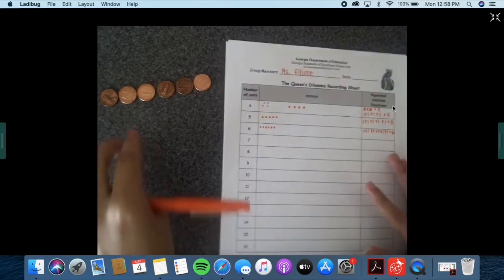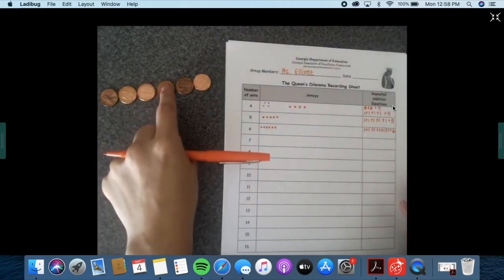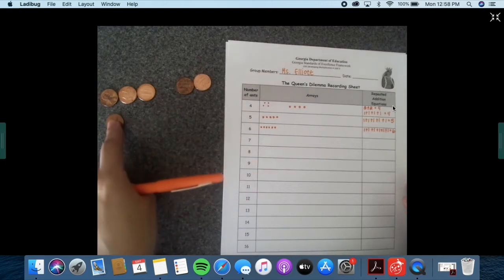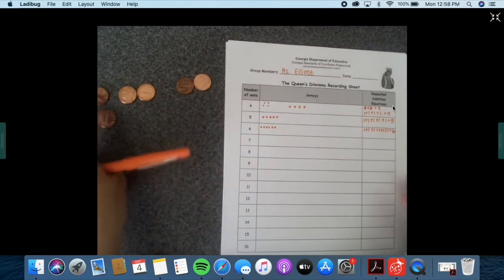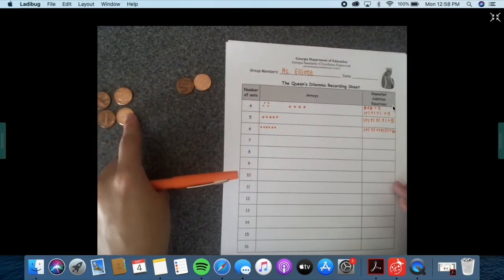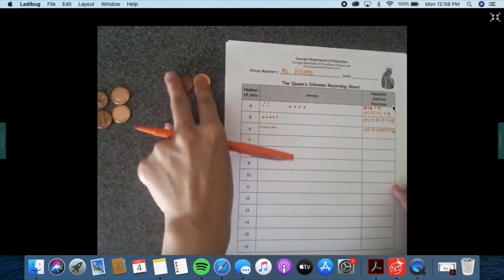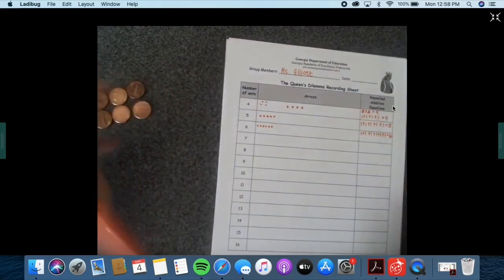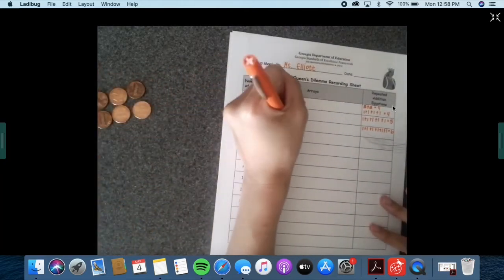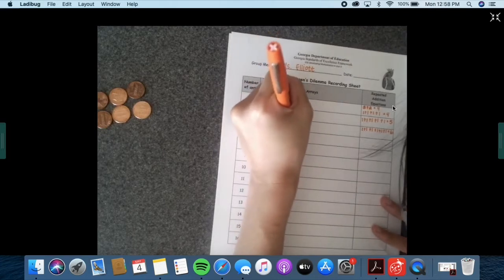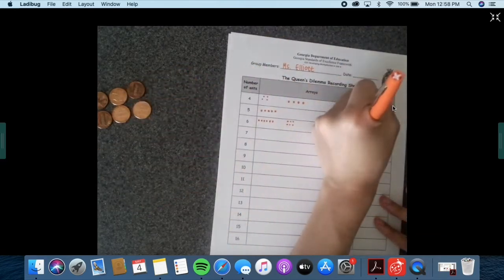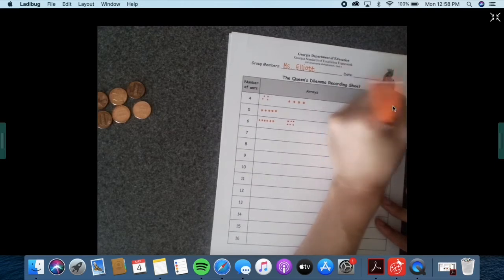Or I could have 2 rows, so it'll be 2, 4, and then flip them over. It could be 6. So it could look like this. 1, 2, 3, 4, 5, 6, and that'd be 2 rows of 3. So it would be 3 plus 3 is equal to 6.